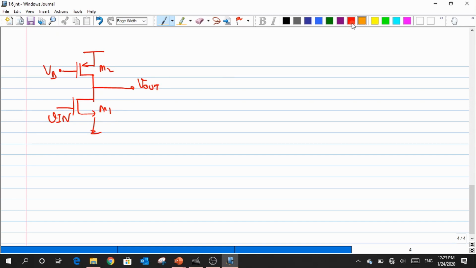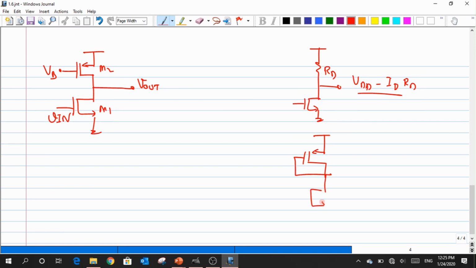Let me recollect whatever we have done till now. For a common source with a resistive load, the base point was simply written as VDD minus ID times RD. That was defining my base level. So in the case of a common source amplifier, what was the base level for this swing? It is VDD minus VGS2, that was the base level, and over that I had a swing. Even here over this level I had a swing.